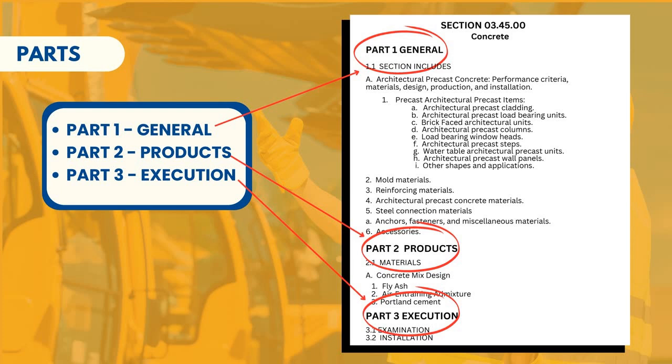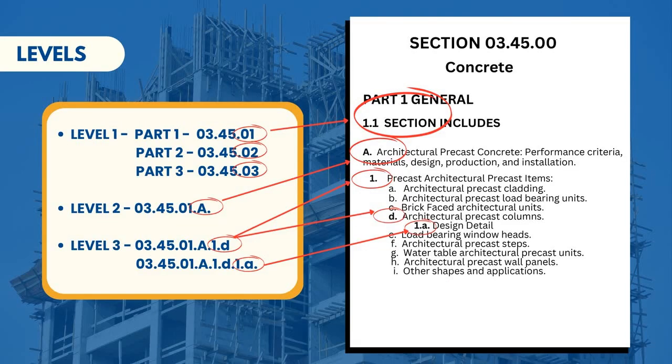Part 2, which is going to give us information about the products that we need to pay attention to in this particular section. And then Part 3, which is going to be execution, which is going to provide detail about step-by-step instruction, different types of requirements that need to be put in place, and the criteria necessary to complete the desired deliverable of this specification section.